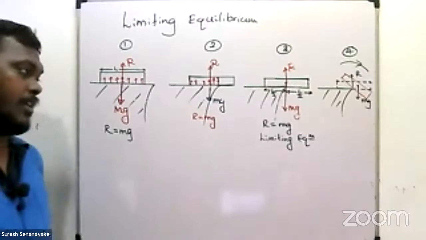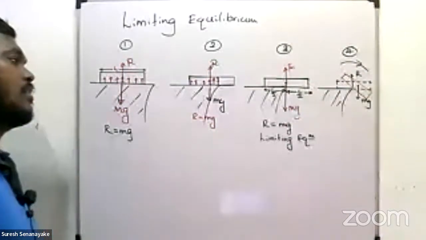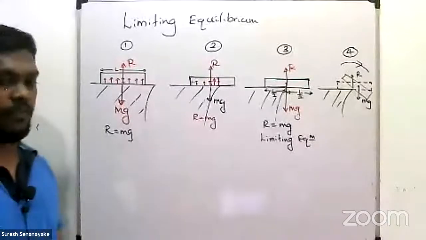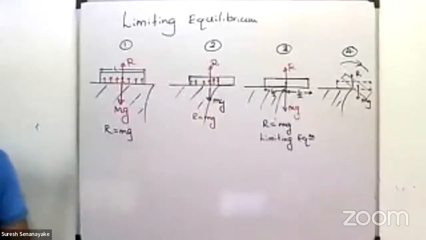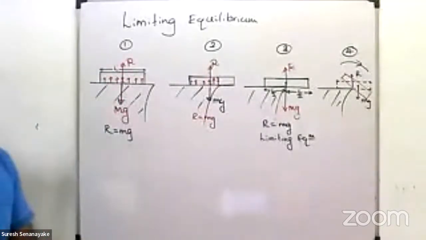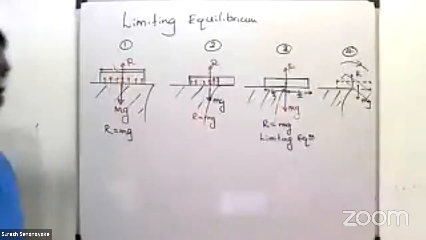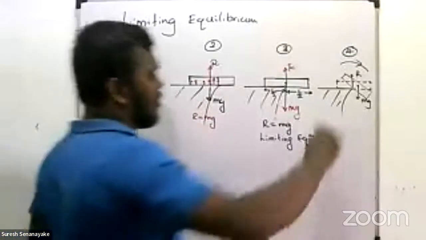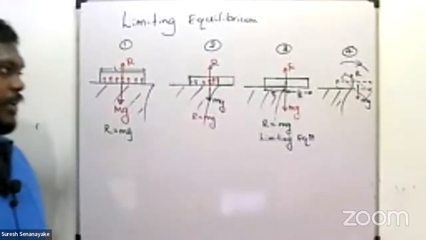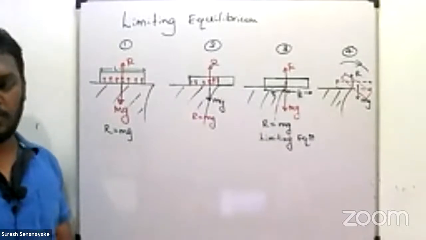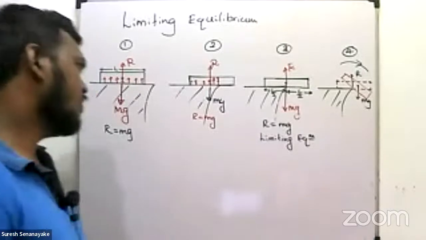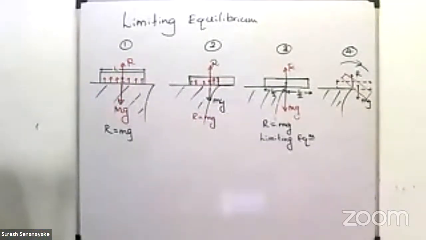On the edge of the table, the body will topple at the edge, due to the moment, or torque, of the weight. And it's a limiting case.